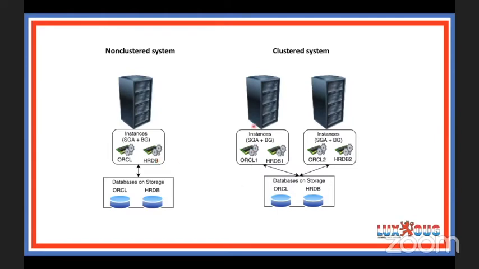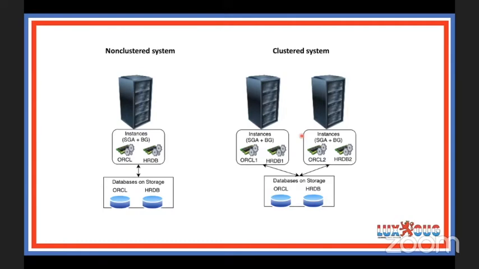But in clustered environment, we have a different configuration. We have at least two nodes. We can have one node cluster, but the purpose of one node cluster is that in the future you aim to add more nodes. So mostly when we think about a cluster, real application cluster, we think at least two nodes.